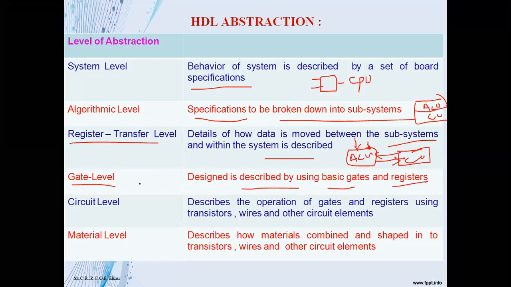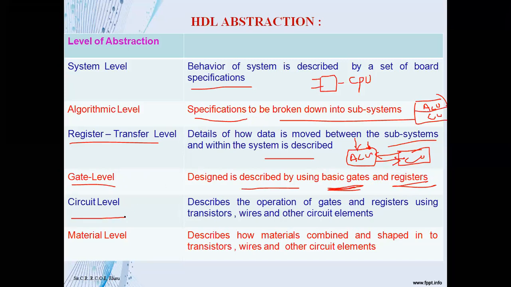The gate level describes what components are in the system and what components are required to build the CPU, which in turn is the arithmetic logic unit and the control unit. Therefore the gate level describes the basic gates and the registers to store the data.